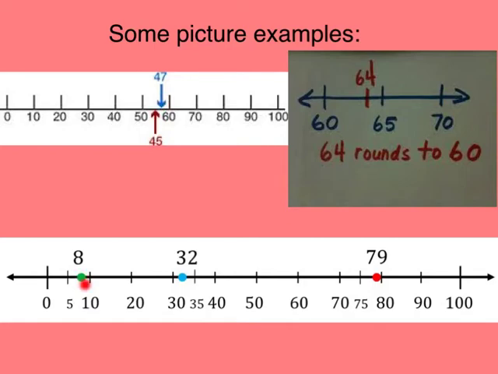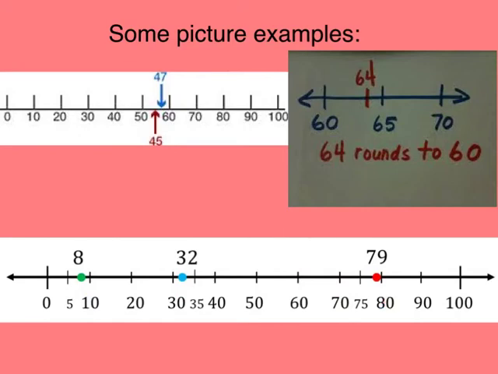Here we have 8, which is closer to 10, definitely, than it is to 0, and it's closer to 10 than it is to 5. 32 is closer to 30 than it is to 40. 79 is almost right there at 80, so if we were rounding to the nearest 10, we would round from 70 to 80.